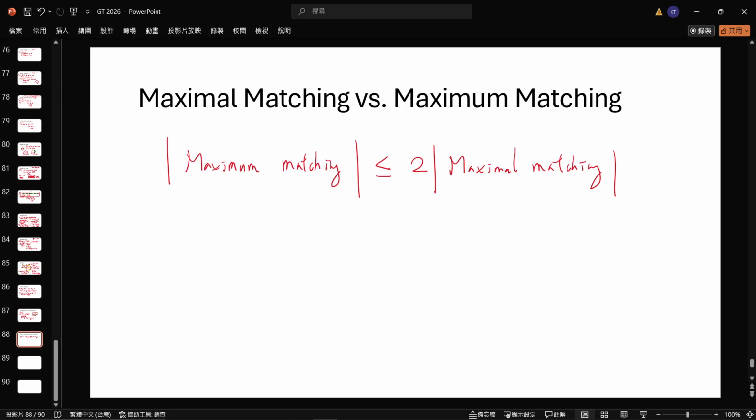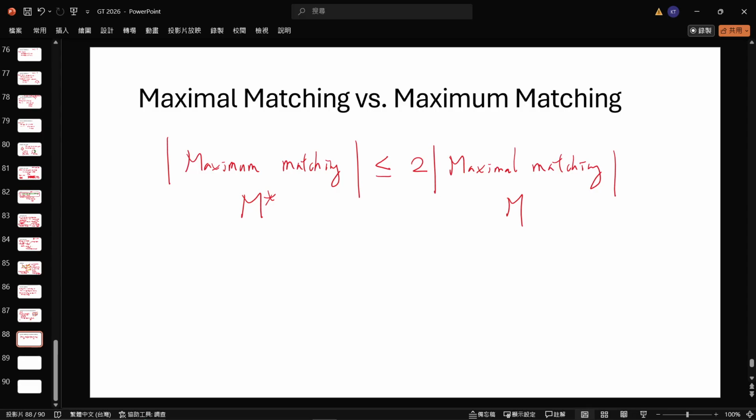So can you see why? 为什么最多差2倍？ So throughout this course, we're going to use M star to denote the maximum matching, okay?